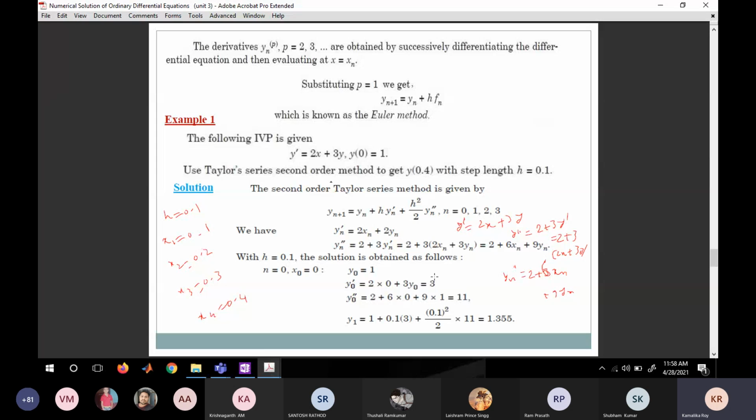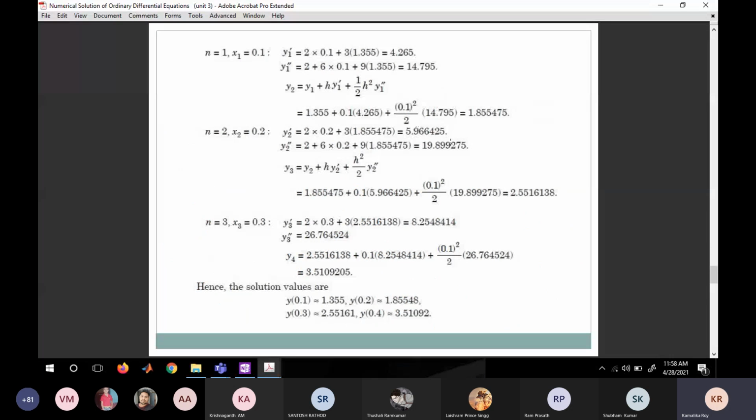Now just put the values of x, y and h in these formulas to get the corresponding solution. So y1 will be 1.355, y2 will be like this, and you go on.